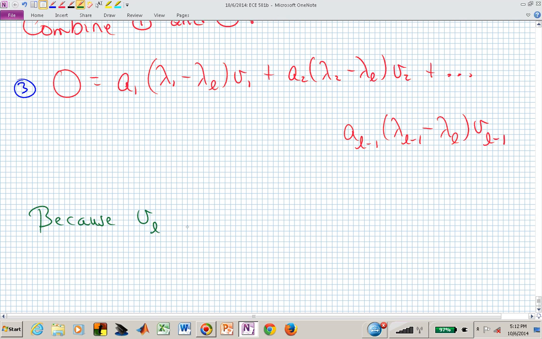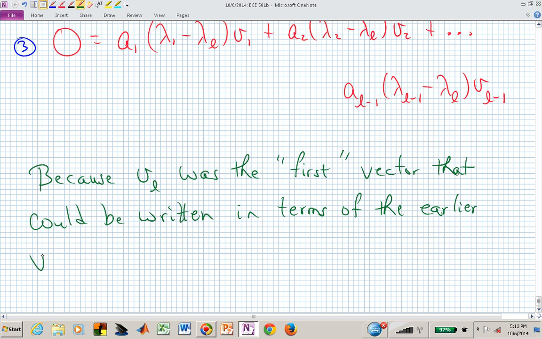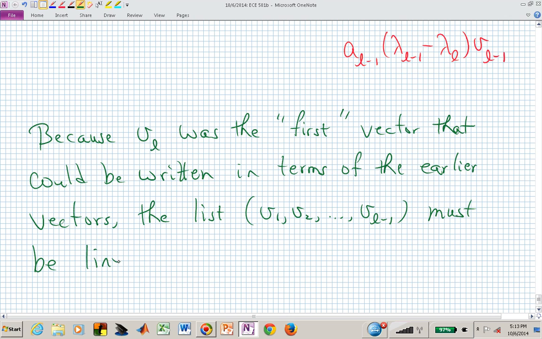V sub L was the first vector that could be written in terms of the earlier vectors, so the list v sub 1, v sub 2, up to v sub L minus 1 must be linearly independent.